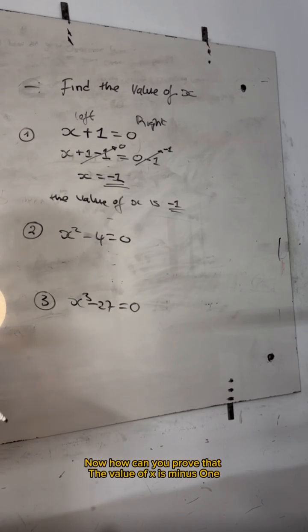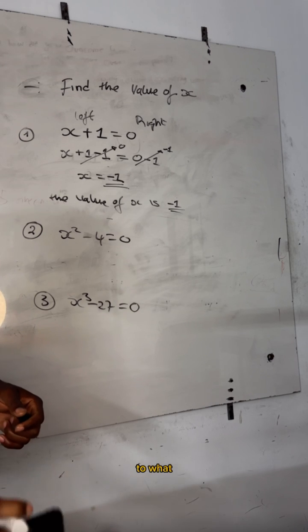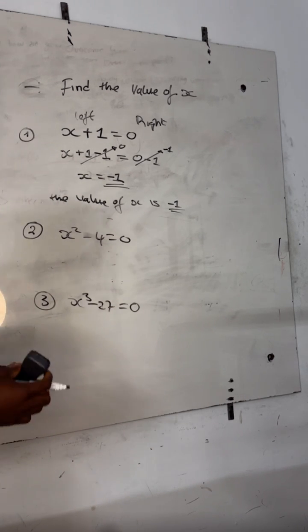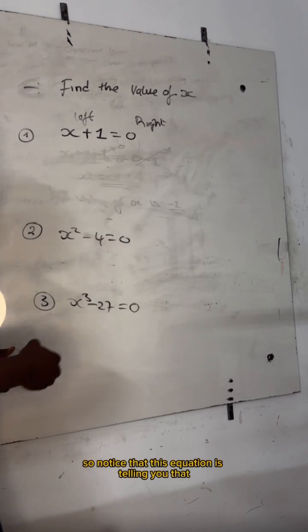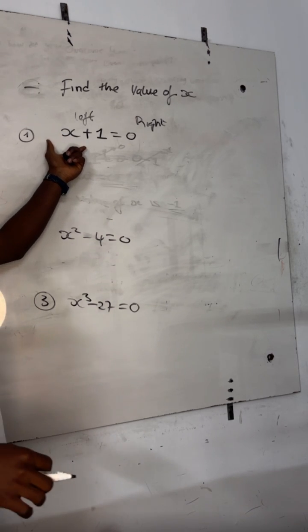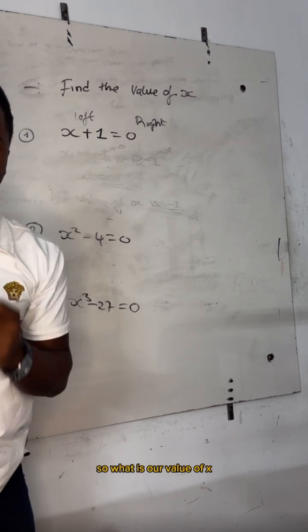Now, how can you prove that the value of x is minus 1? You simply have to substitute it back inside your equation. This equation is telling you that whatever unknown value we have here plus 1 must give us 0. So what is our value of x?